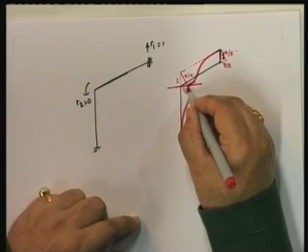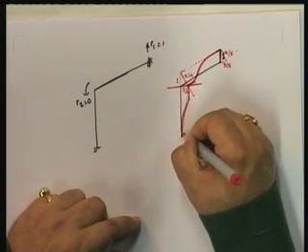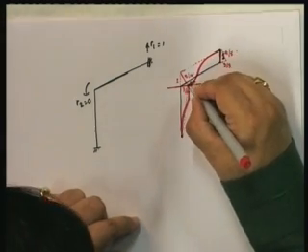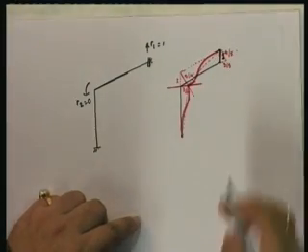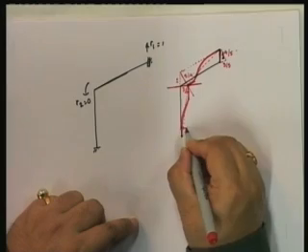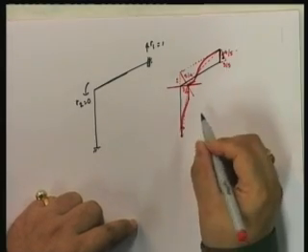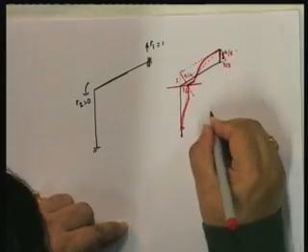Now, if we look at this from the chord, this angle gives theta AB. And what is that angle equal to?